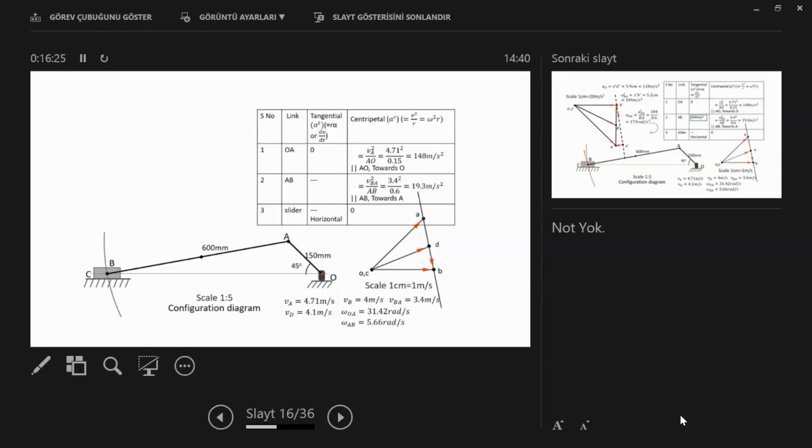It's not rotating; it undergoes linear motion. That's the reason. So we have here two unknowns, meaning we know the direction but we don't know the magnitude. So then we have to draw now using the scale.